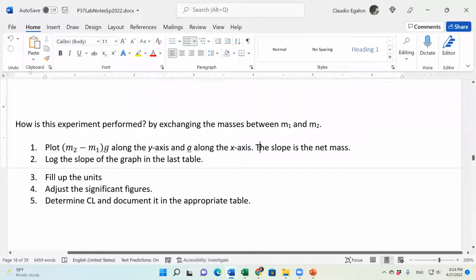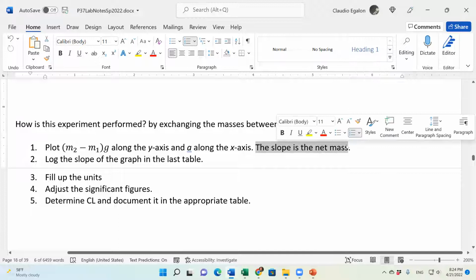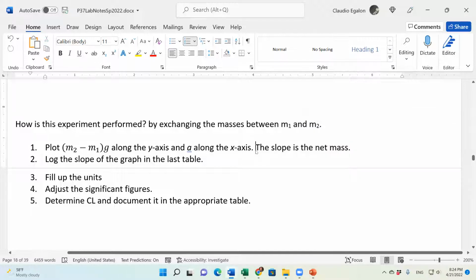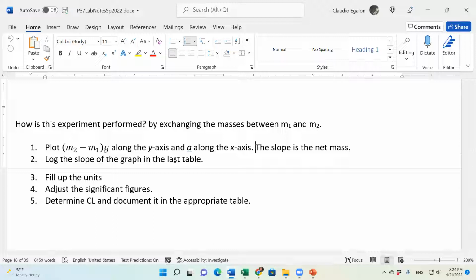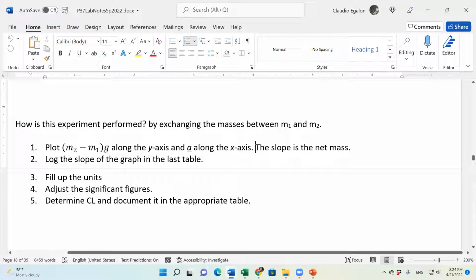And don't forget, plot and get the regression equation. The slope is supposed to be the net mass. Log the slope of the graph in the last table, and check the percentage difference. If you get less than 10%, that's good. If you're getting 100% difference, then there's something wrong there.